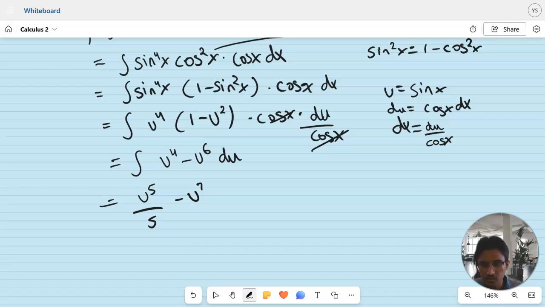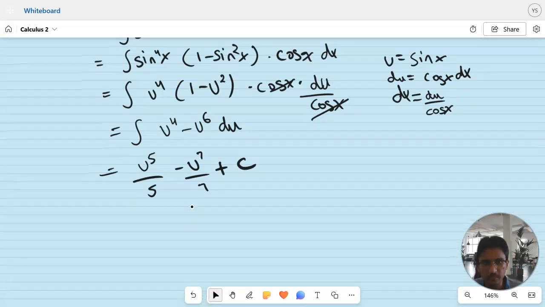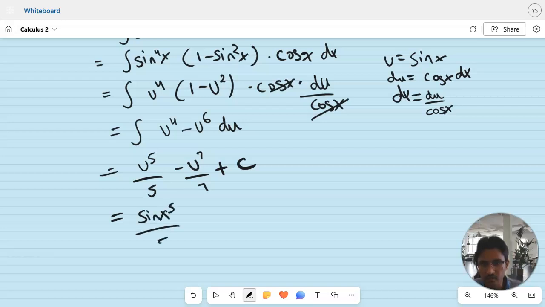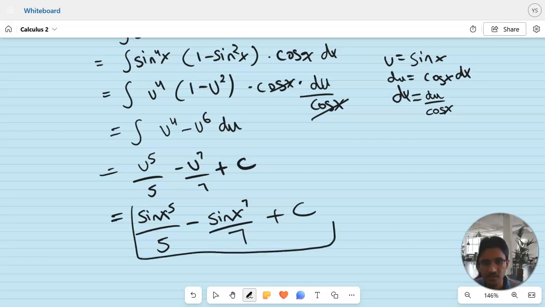Apologies for the cursor, it is not behaving how it should. Now we sub in our u. What was our u? Sine of x. So we get sine x to the fifth over 5 minus sine x to the seventh over 7 plus c. Do not forget that constant of integration because we're finding an indefinite integral.